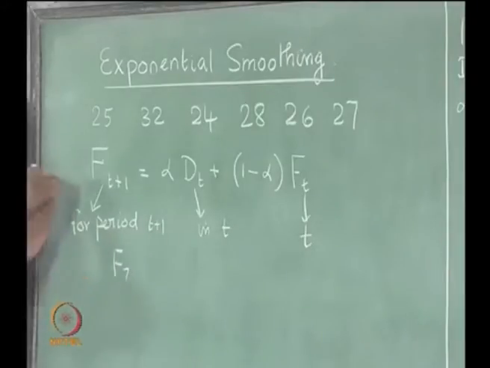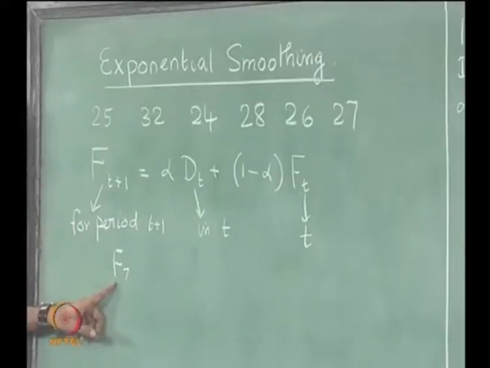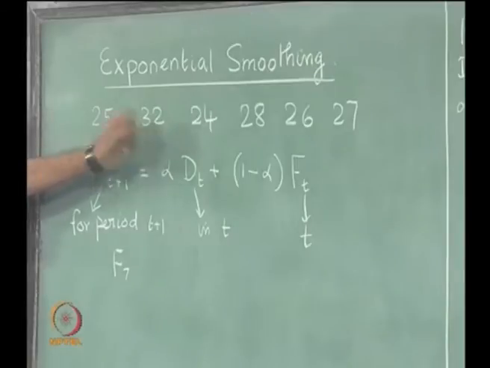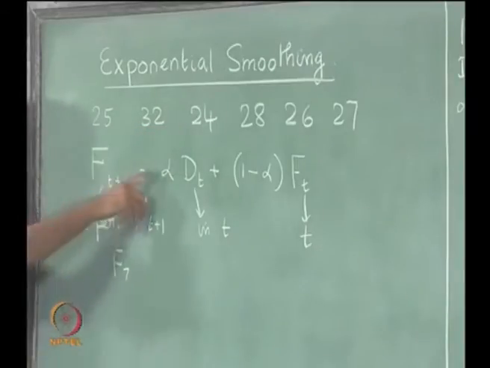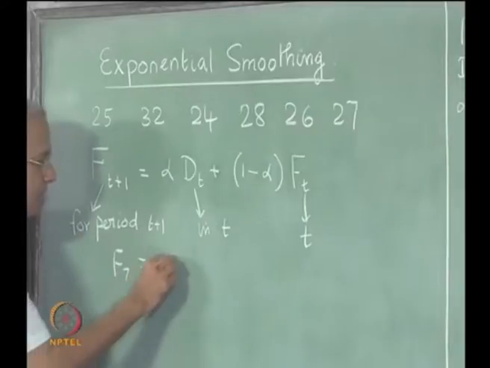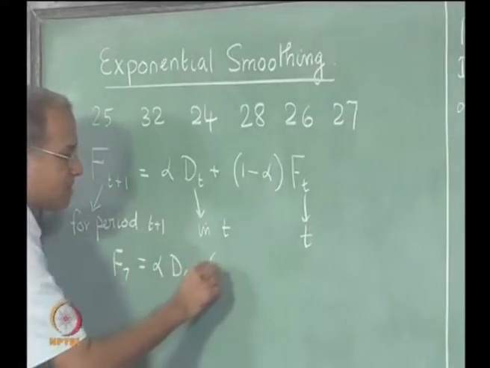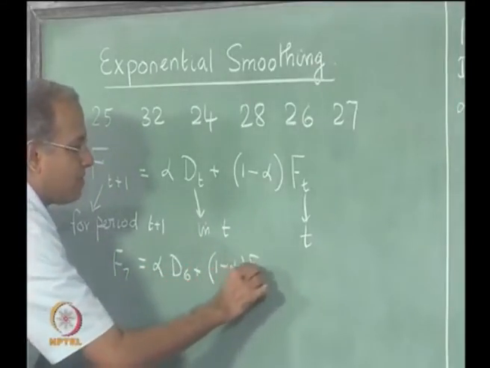But let us proceed with this notation. So we are interested in F7, which is the forecast for period 7, because we know the demand up to period 6. So based on this, F7 is equal to alpha D6 plus 1 minus alpha F6.